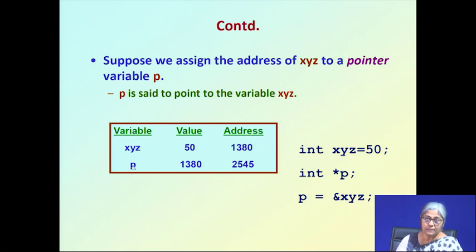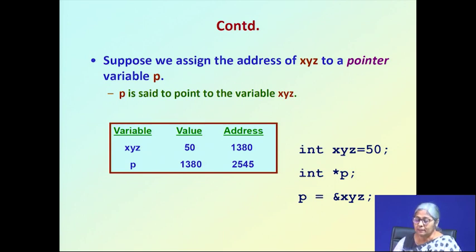So p is declared as a pointer to xyz, a variable which contains the value 1380, and say its own address is 2545. That is the address of p, because p is nothing but a pointer variable.